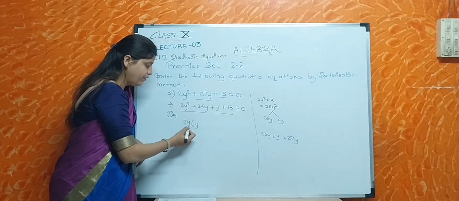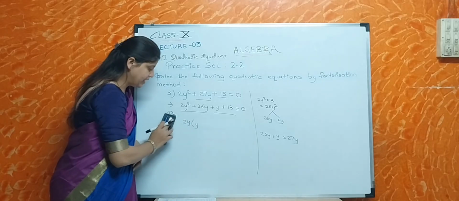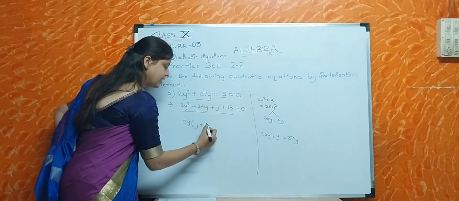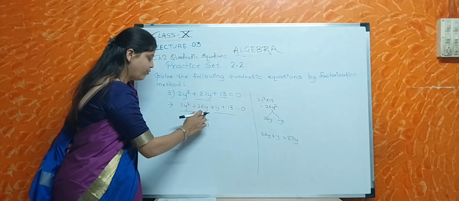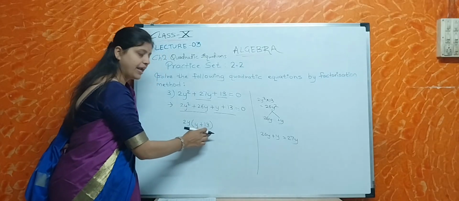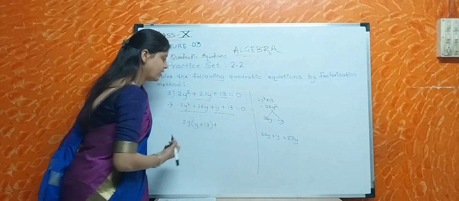Instead of 1y we have taken outside, the remaining y will be in the bracket itself. Plus 2 13s are 26 and y we have taken as a common. So what is remaining in the bracket? Y plus 13.